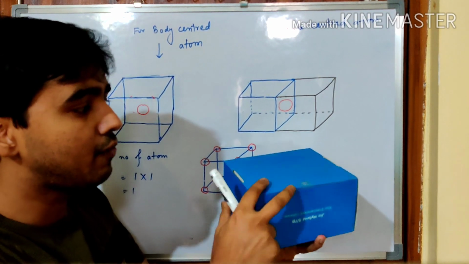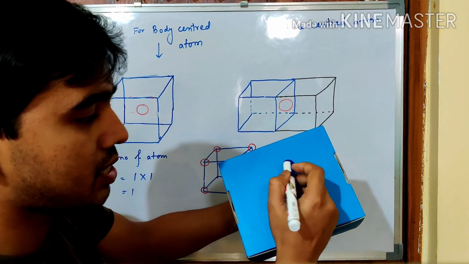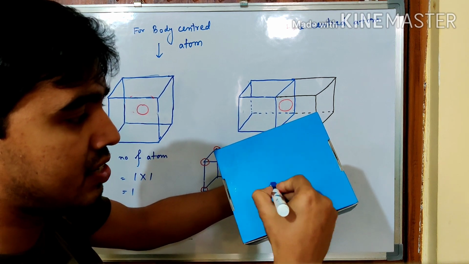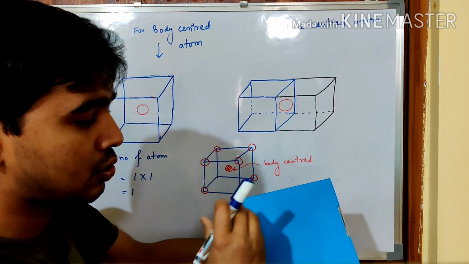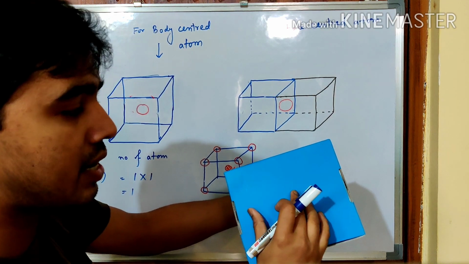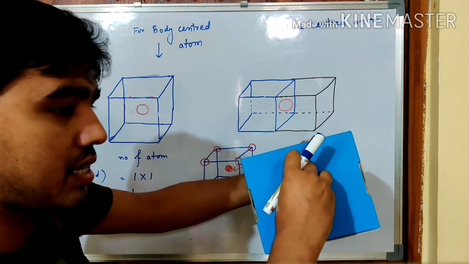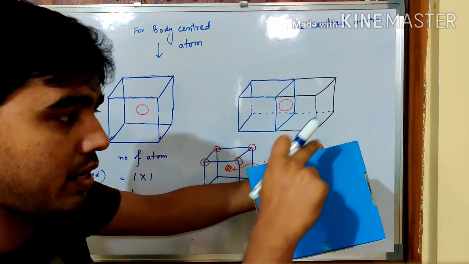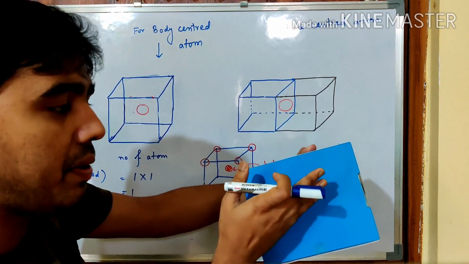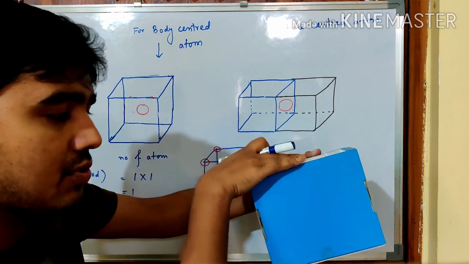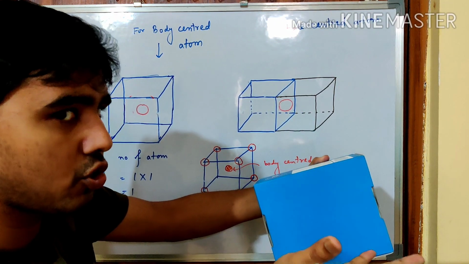And center of the face means, suppose this is a face, here in this region at the center of the face this atom will be present. So that is a face centered atom. Remember, one atom, if it is present here, there will be another cube here. So that ball or that atom will be divided into this cell as well as the other cell, which I could not show right now.